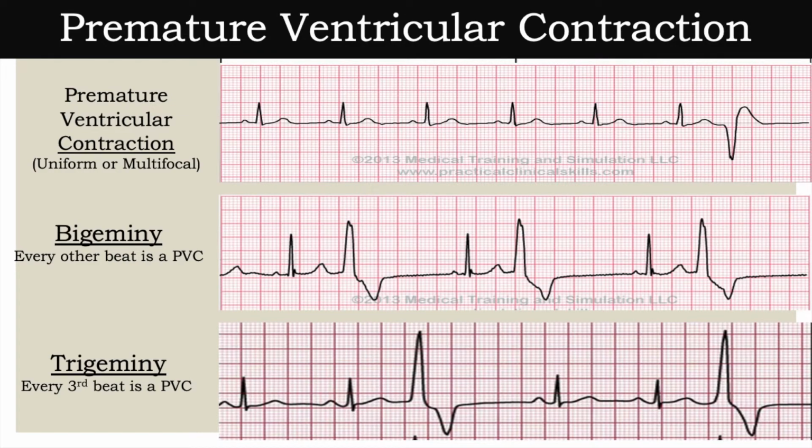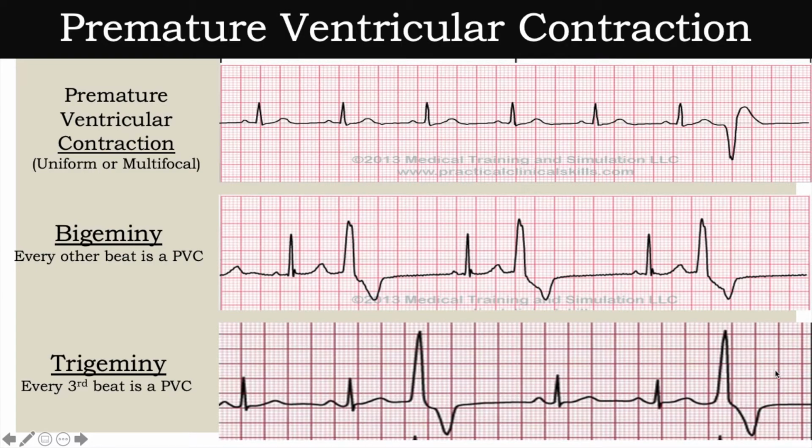Bigeminy and trigeminy tell you on which beat it's occurring. Bigeminy means that every other beat the patient has a PVC. If you can see here, this is one beat and then you have a PVC, beat, PVC, beat, PVC. So every other beat is a PVC. Trigeminy is every third beat is a PVC. You have two regular beats, the third one is a PVC.